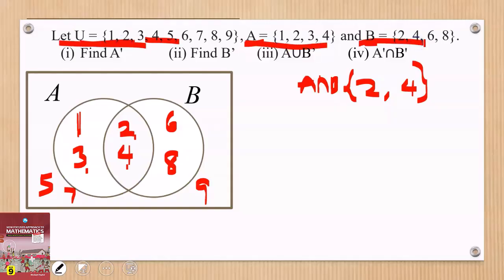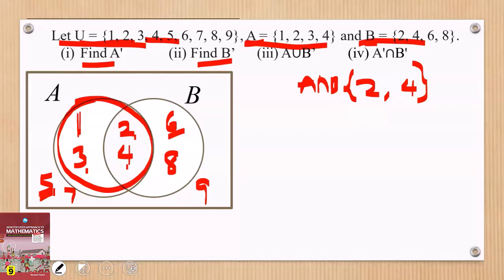Now, based on this Venn diagram, we can answer all the other questions that we've already answered. What is A complement? You look at outside A, all elements that are outside A become A complement, like 5, 6, 7, 8, and 9. Then the B complement also becomes all elements that are outside B, which will be 1, 3, 5, 7, and 9, like we did.